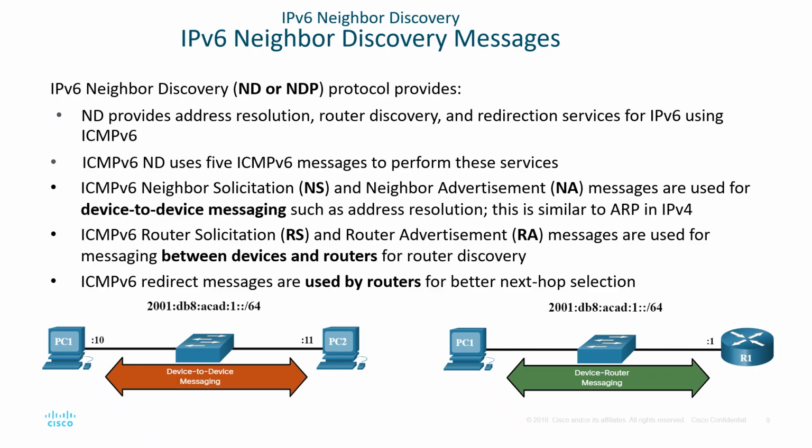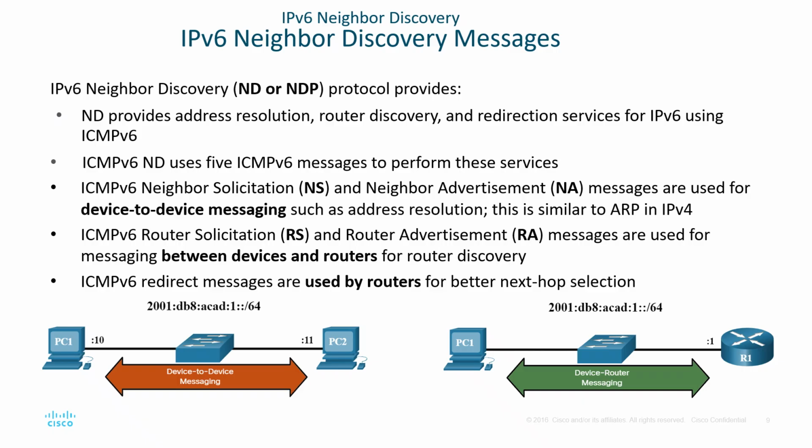ICMPv6 router solicitation and router advertisement are used for messages between your devices and routers for router discovery. So we haven't really talked about IPv6 yet. We'll do that in Module 12. But IPv6 discovers information about devices differently. How you get your dynamic host configuration addressing is done slightly differently.